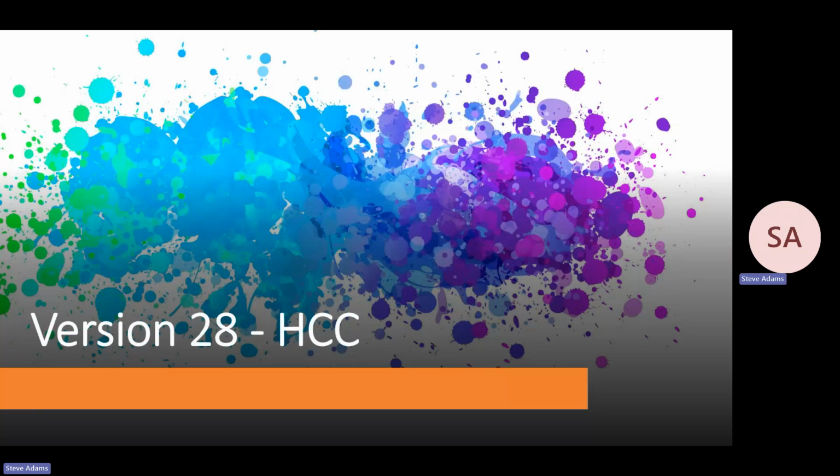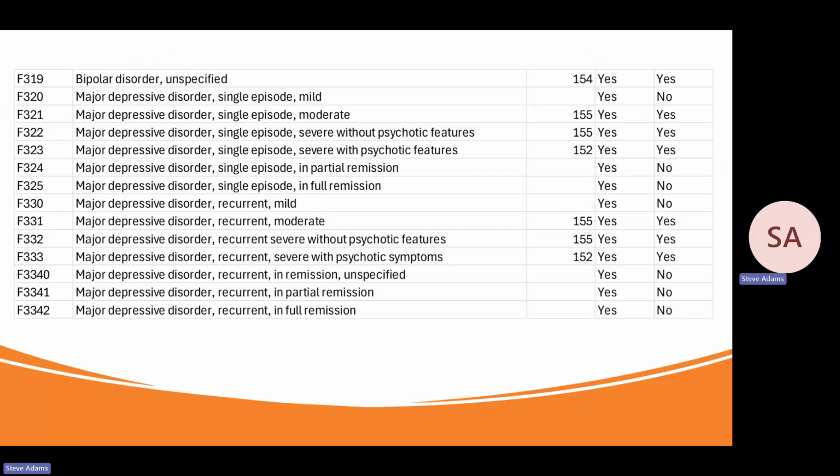So version 28, right now, in the past, we've had version 05 of HCC coding and version 24. And in 2024, we turned over to version 28, which had some substantial changes in it. Now, what you're seeing right now is essentially a screen that shows us specifically what does have an HCC and what does not have an HCC any longer in version 28.